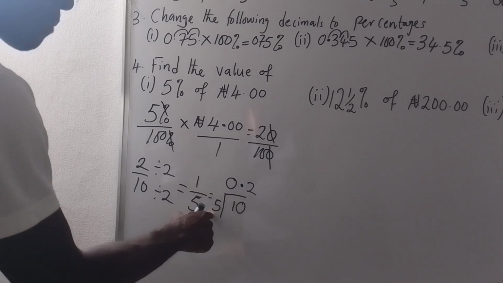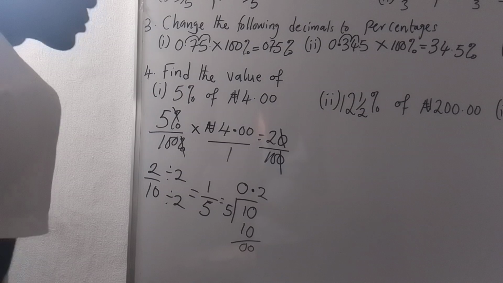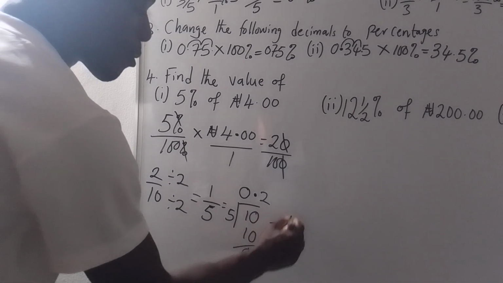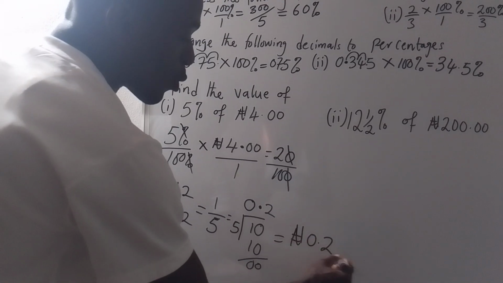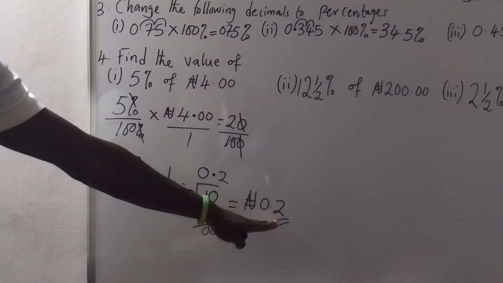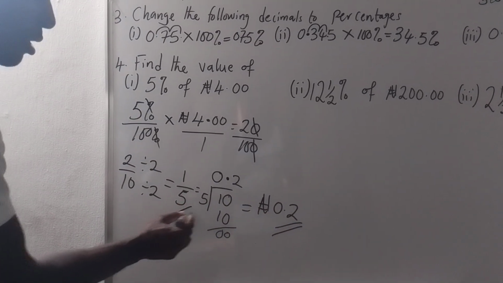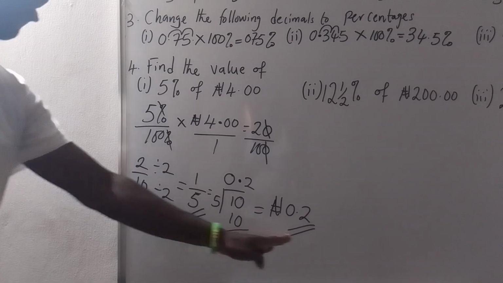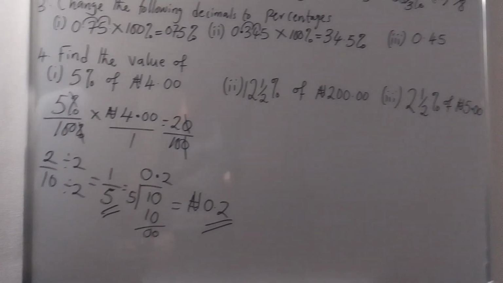That 2 multiplied by 5 will give us 10. 10 take away 10 is 0. So our answer is, we first of all put our naira sign, 0.2. In case the option is in decimal form, or if the answer is in fraction form, it's either 1 over 5 or 0.2, depending on the option given to you.